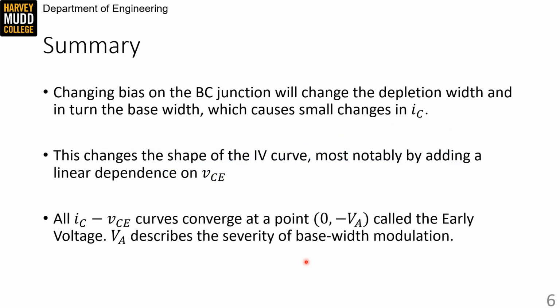So in summary, changing the bias on the base collector junction will change the depletion width, and in turn the base width of a BJT. Changes in the base width create small changes in the collector current because the collector current is determined by Fick's law, which cares about the change in concentration divided by the change in displacement.